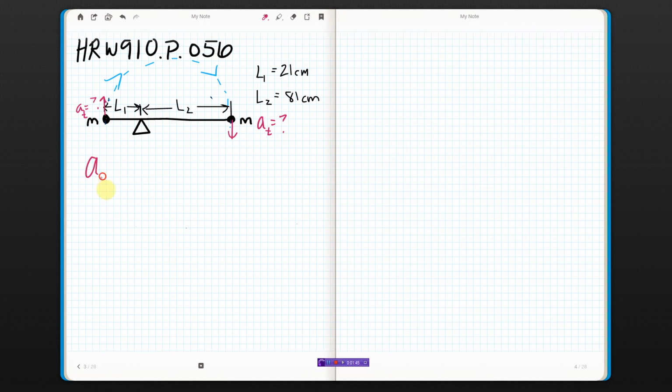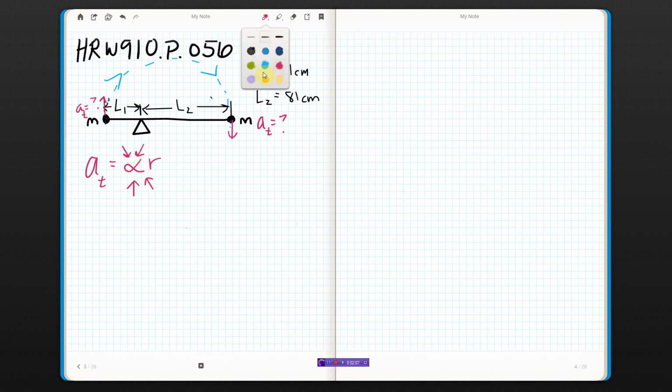And tangential acceleration is equal to angular acceleration times r. I have r, that's the distance to the pivot, and I have those numbers. So if I could find alpha, I'll be awesome.